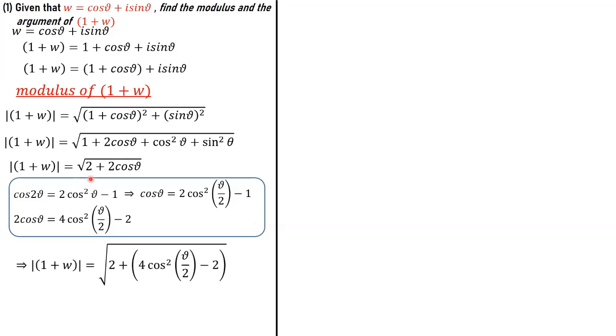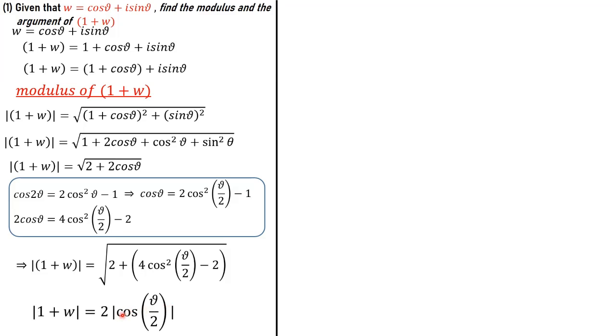From which I can therefore put this 2 cos theta inside this square root value, which I want to obtain as well. That is, the modulus of the complex number 1 plus omega is therefore going to be equal to the square root of 2, then plus 2 cos theta, which corresponds to 4 cos squared of theta divided by 2 minus 2.